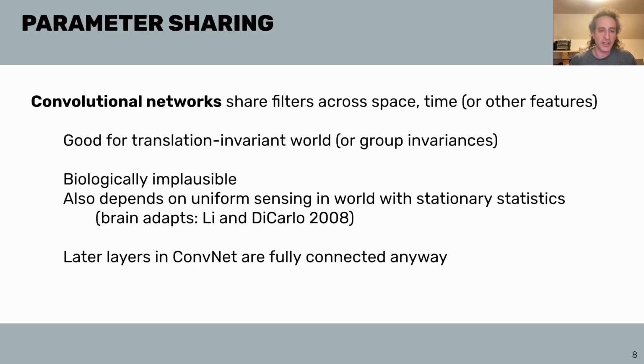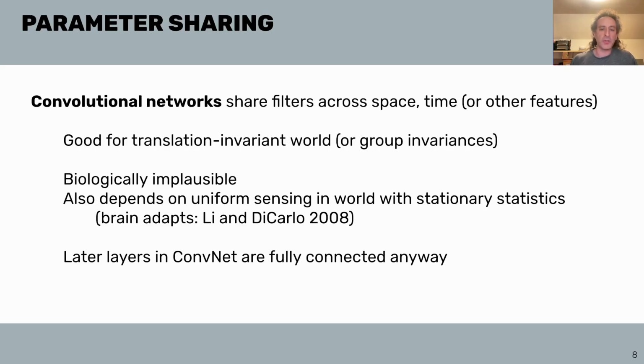It's a really cool study. Even in the ConvNet, later layers are not translation invariant anyway. They're either locally connected for a while, and then at the end, they're fully connected. So there are some crucial properties that are not just blindly copied and parameter shared across all space.